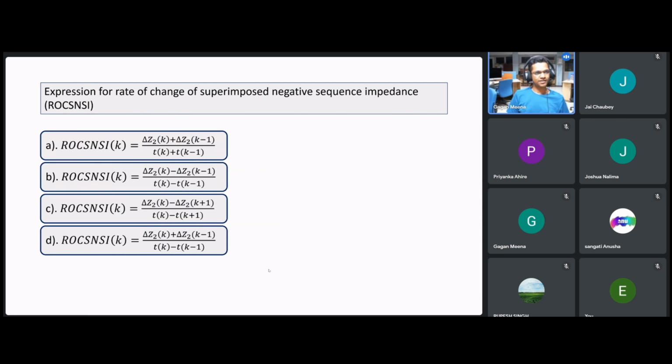This is the next question. The expression for rate of change of superimposed negative sequence impedance. Which one is the correct?